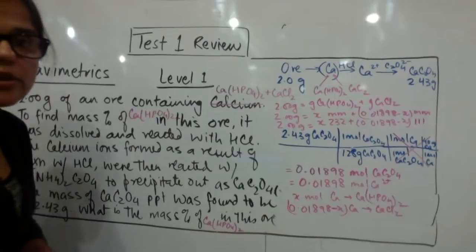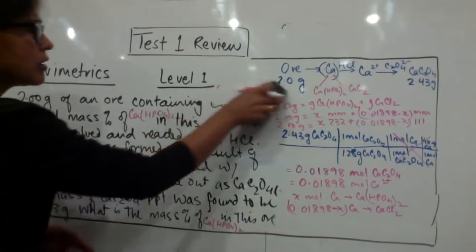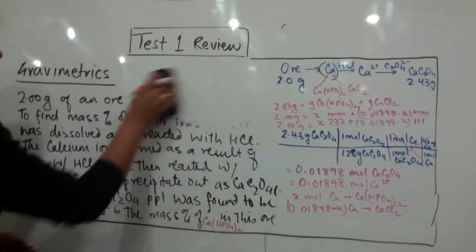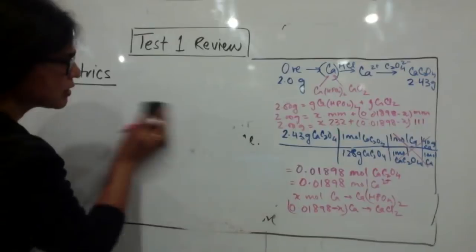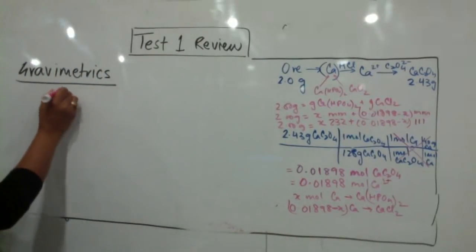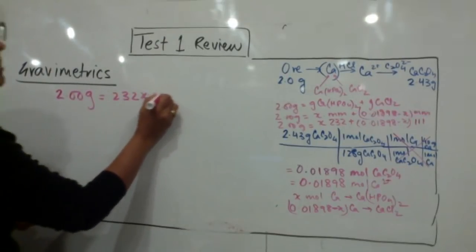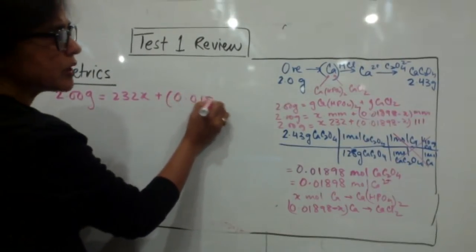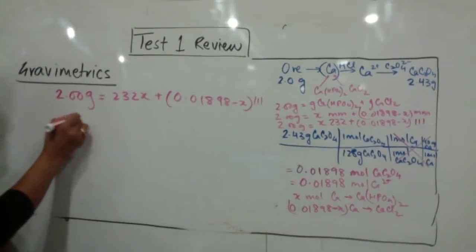All right. I'm going to erase this part to continue. So now 2 grams is 232x plus 0.01898 minus x times 111. Let's solve for x, guys.